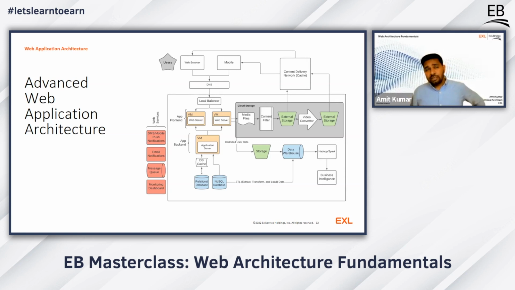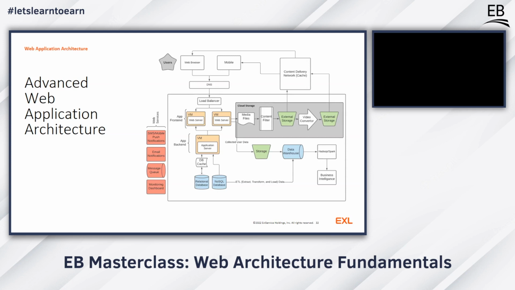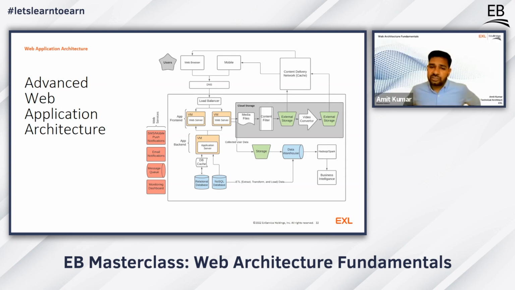But if I give you all this information as text or a document, it is not easy to follow. So we came up with such a diagram. This is not an ER diagram actually. This is a graphical representation of our web application architecture.